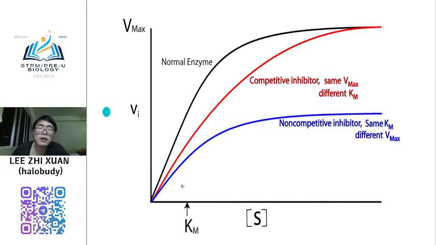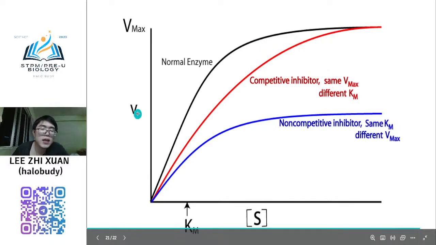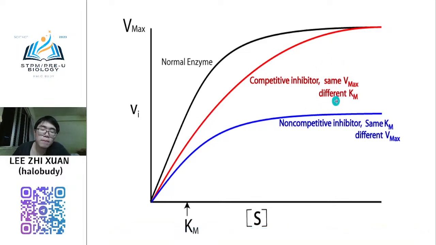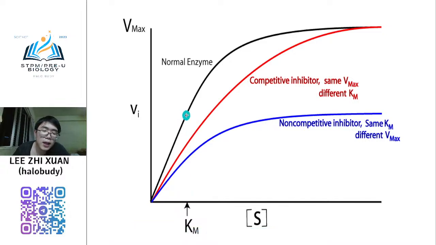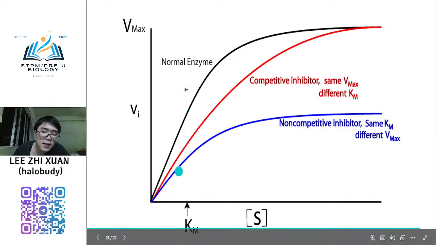Based on this graph, Vmax, half Vmax, Km, and also substrate concentration, you will find that the Km value will increase. You will increase the Km value. The Km for the original one should be here.